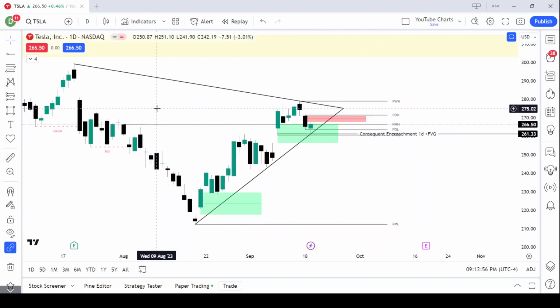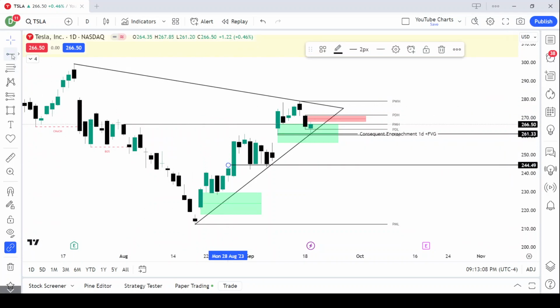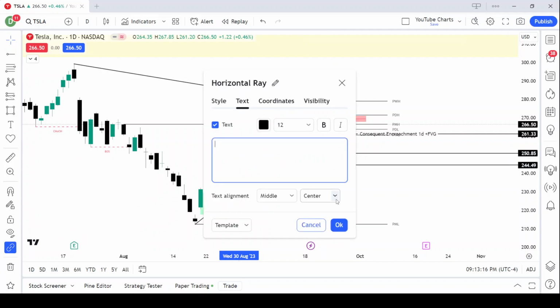So where might we be headed if we head any higher? Well, we also know we have a fair value gap here that's never been closed. I'm going to go ahead and just mark it off with horizontal levels. In previous videos, I've drawn it with a box, but we have a daily fair value gap here.